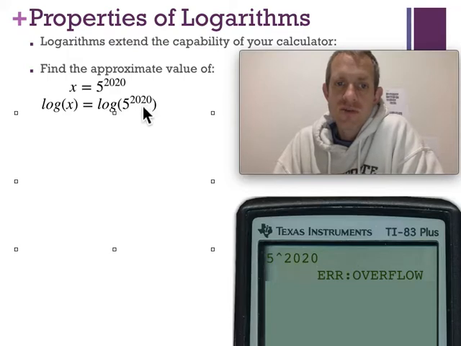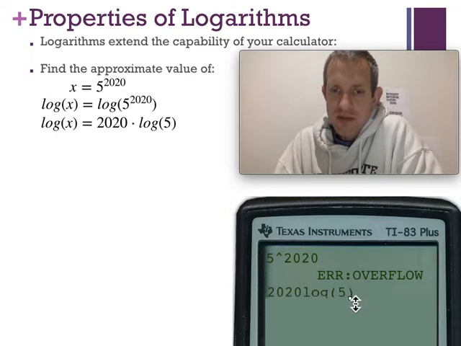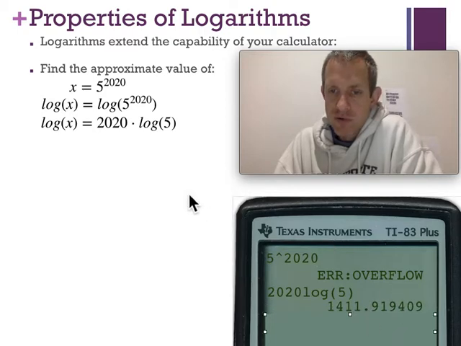The 2020 as an exponent inside of a logarithm can be pulled out in front as a multiplier. And this now is something that we can type into our calculator. If we type 2020 times log of 5, we'll get this 1,411.919 number.